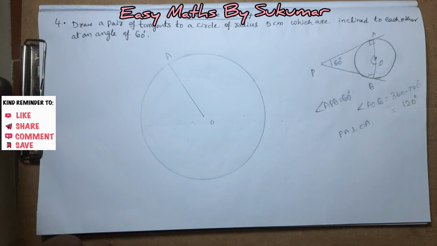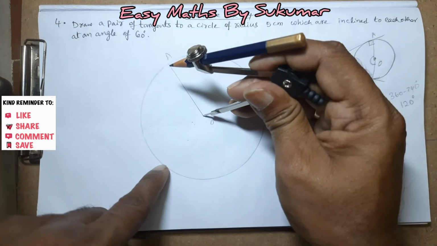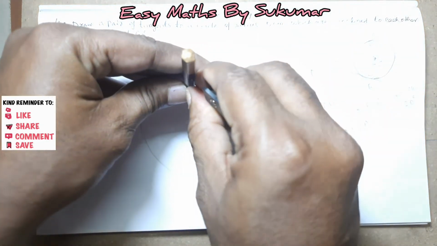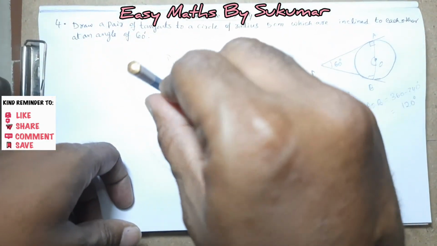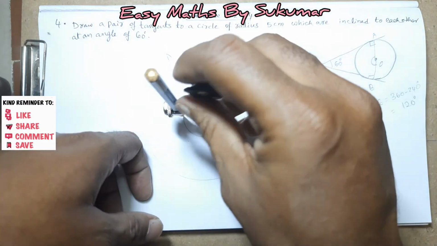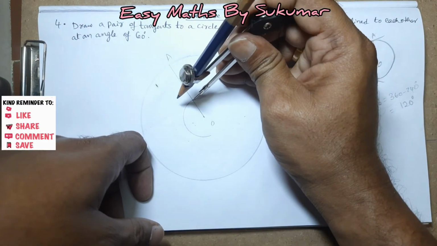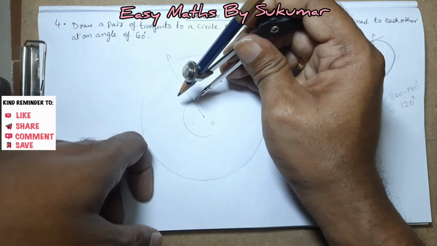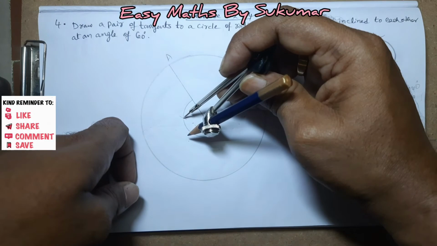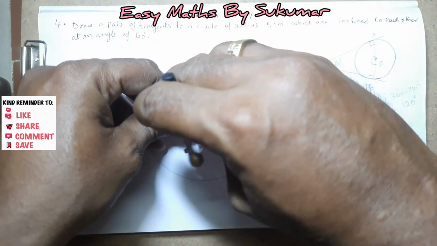Now what I am going to do here is I am constructing an angle of 120 degrees. Draw an arc like this. With the same radius, cut these two arcs. Cut the previous arc like this.